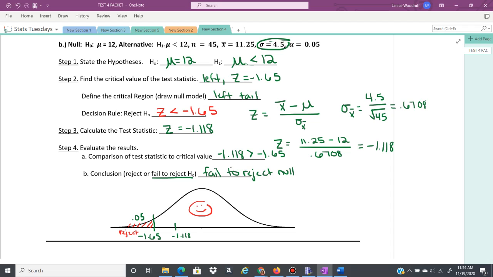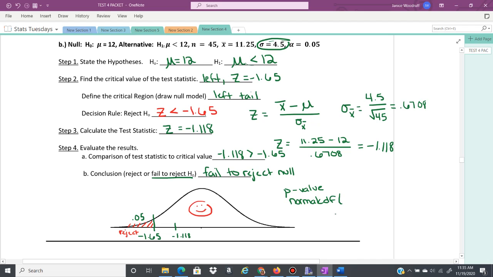Okay, if we want to do the p-value real quickly for that, it is on the left of 0. So for the p-value, I would do normal CDF. This would be negative 99 because it's on the left.